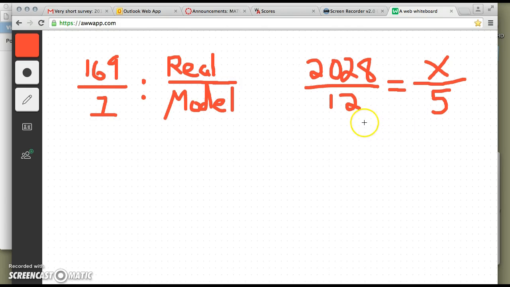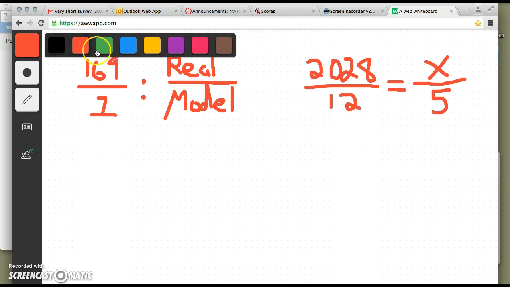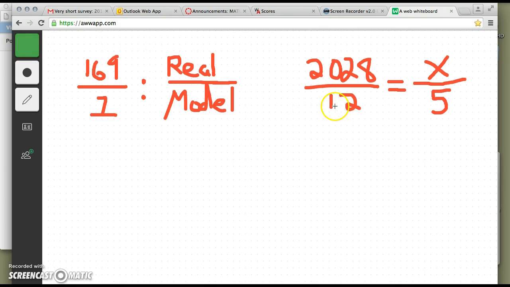Let's go ahead and cross multiply. Anytime you have a fraction equal to a fraction, we can cross multiply. Cross multiplying just means that you multiply on the diagonals and set these products equal to one another. So we have 12 times x, and we get 12x.